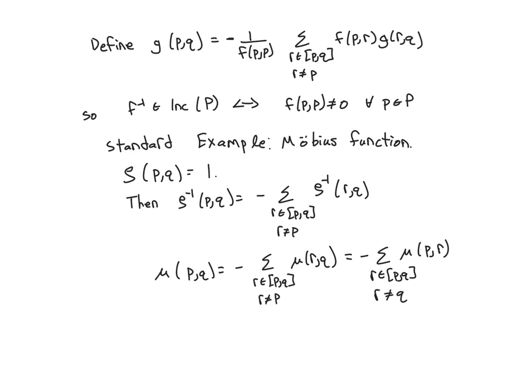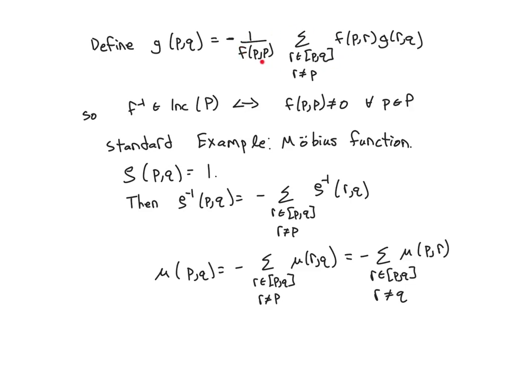And so if you use induction on the number of elements in the interval PQ, this formula is well defined because these entries on the right hand side correspond to intervals with fewer elements. So we know that these values have previously been defined, and so this is defined.